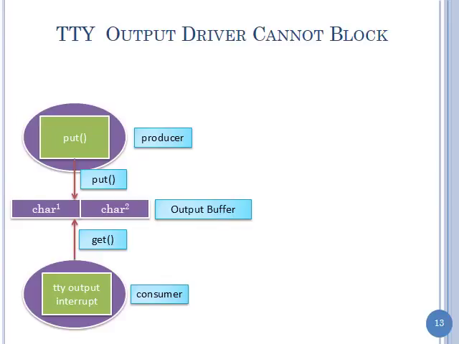How do I trigger output of the first character? Because there's nobody waiting. I could signal somebody if they were waiting and saying it's a non-empty buffer now. But there's nobody waiting. You can poll, but we don't want to poll.